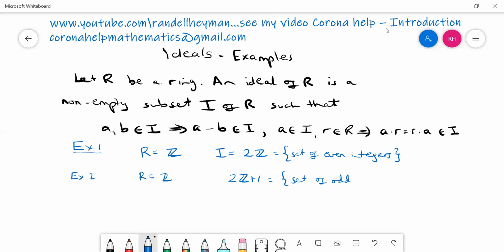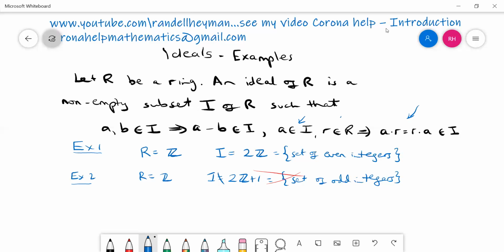The set of odd integers. So that is not an ideal. Why is that? Well, if you look up here at that last condition, this is saying if A is an odd number, say, because it's in what we're testing to see if it's an ideal, well, let's say 3.